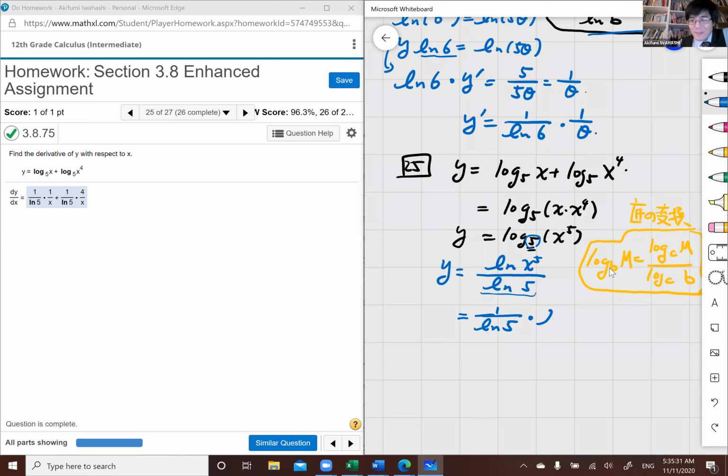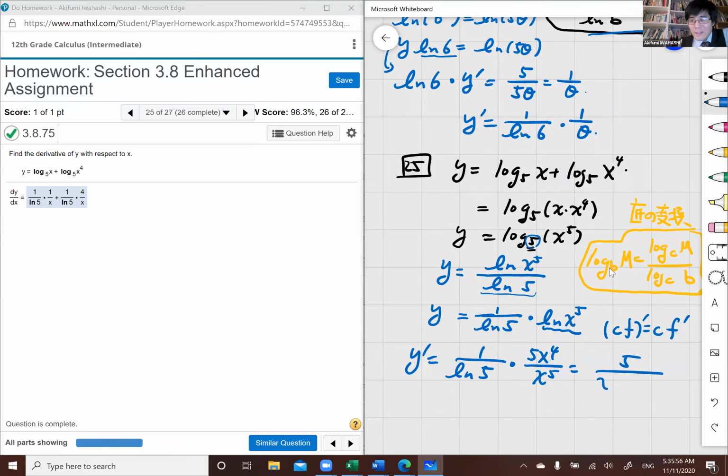Number times ln. So that's kind of easy to differentiate. Yeah. So number times the function, that's derivative is the function's derivative times the number by constant multiple rule. So y dash gonna be just a constant here and the derivative of this part, which is u and the u dash, which is 5 over x. So it's gonna be 5 over x ln 5. Okay.